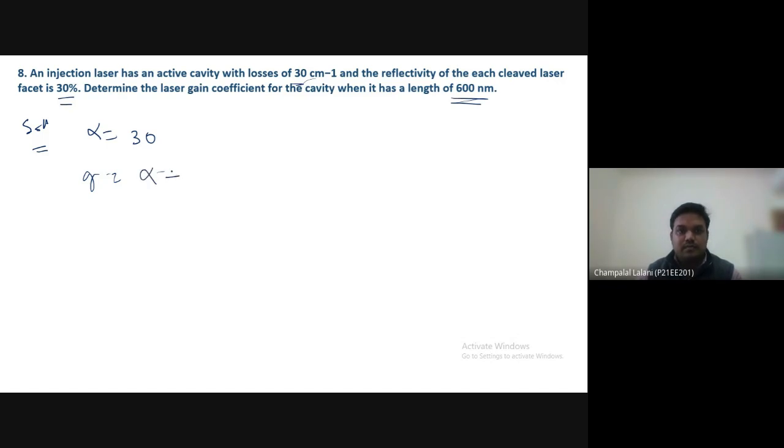alpha plus 1 by L, or 1 by 2L, ln 1 by R1 into 1 by R2. Here it is given that the reflectivity of each cleaved facet is 30%, meaning R1 is equal to R2 is equal to 0.3.